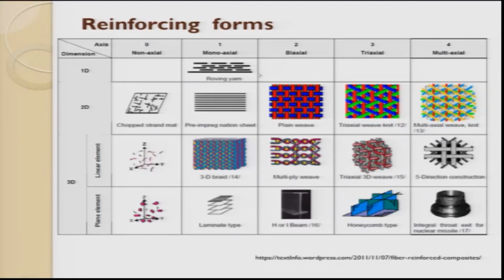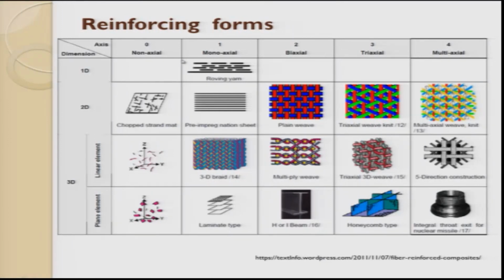That means I take the X direction of 1D, then cut this and create a Y direction of 1D, then you weave these two 1Ds, you get a 2D. If it is a continuous fiber, we try to get something like plain weaves like this.